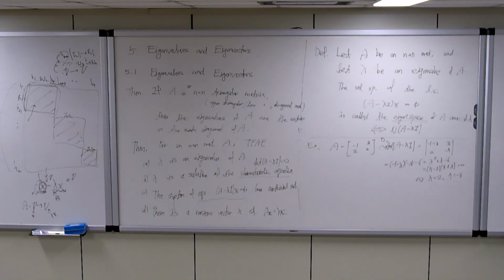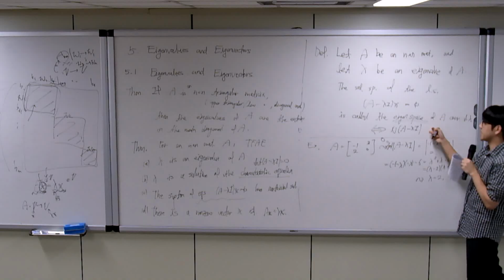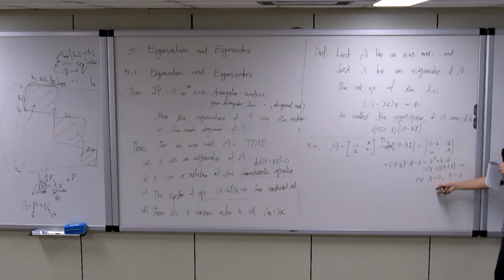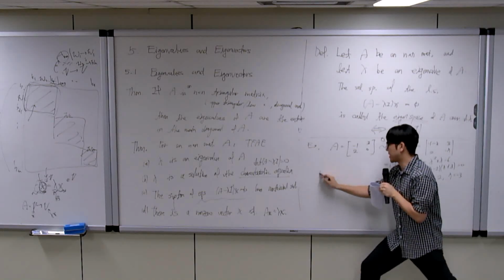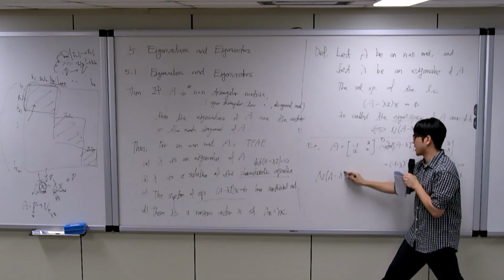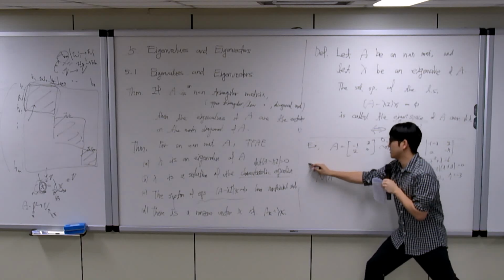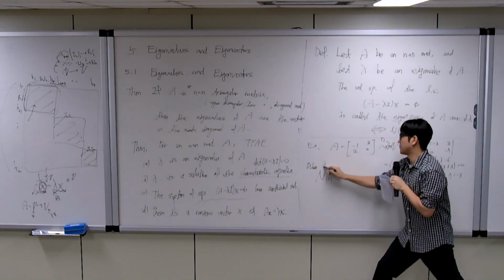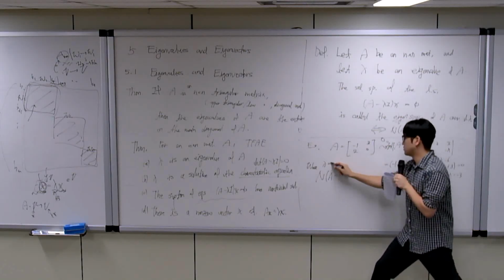And to find the eigenspace for lambda equal to 2, we should find the null space of A minus lambda I when lambda equals 2.